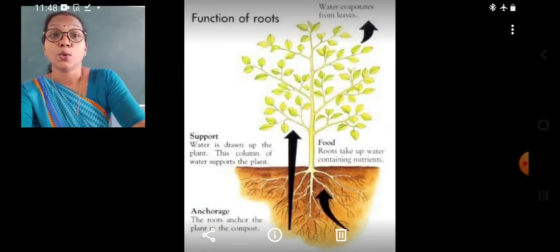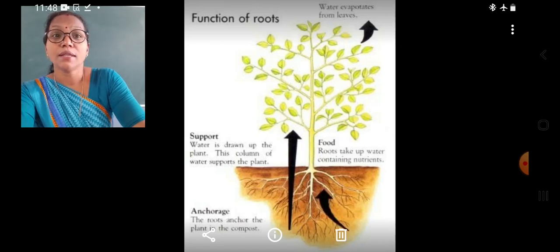The roots fix the plant firmly in the soil. The water present in the plant body that is absorbed by the roots, that column of water supports the plant, gives support to the plant.